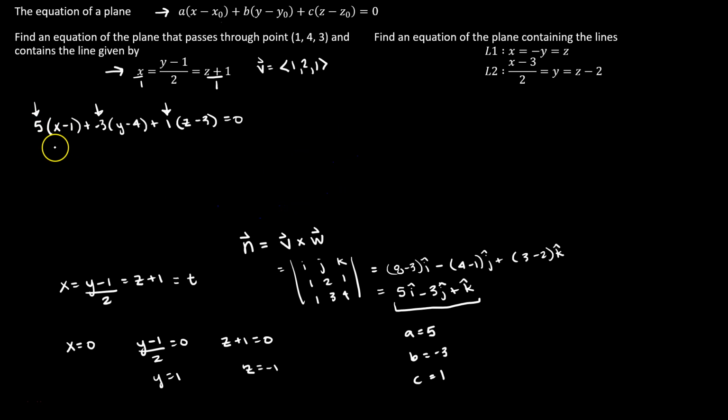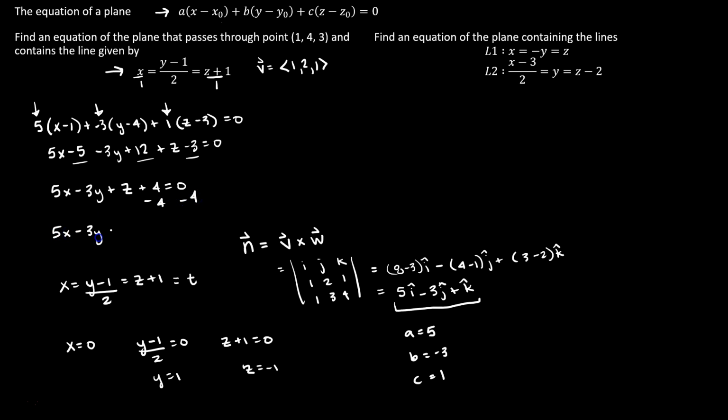And I can distribute this. Combine my like terms, all the constant terms. And then I'm going to move the constant over to the right side. And that is the final answer for my scalar equation of a plane.